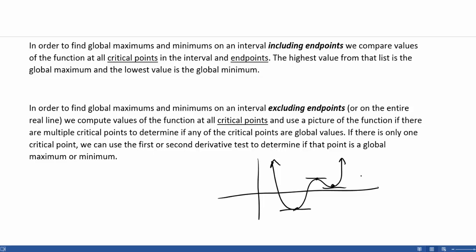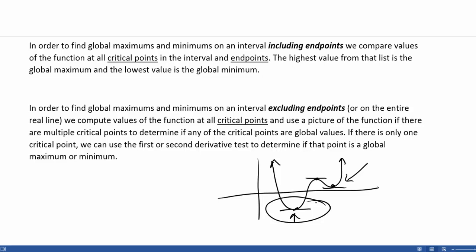This picture does not have any global maximum because the function goes on and on forever. However, it does have a global minimum, and that's going to happen at the bottom of this first bump. There are 2 local minimums, so we would need to use the picture to determine which one was going to be lower and to actually find the corresponding y value. So that's where the picture comes in handy.